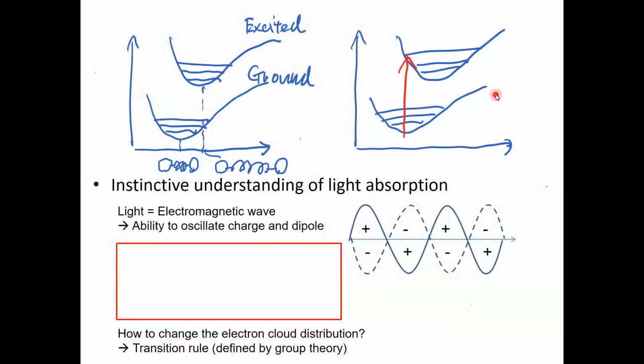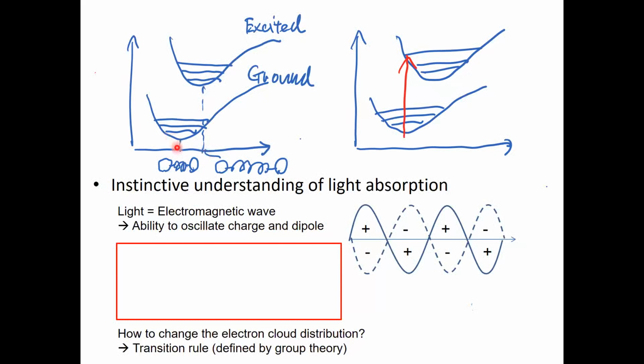So here's the understanding of the Franck-Condon principle. As I mentioned, here's a reaction coordinate for diatomic molecules. This axis means the distance between two atoms. For the ground state and excited state, the equilibrium distances are different.